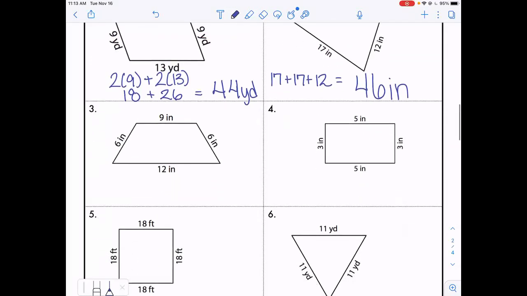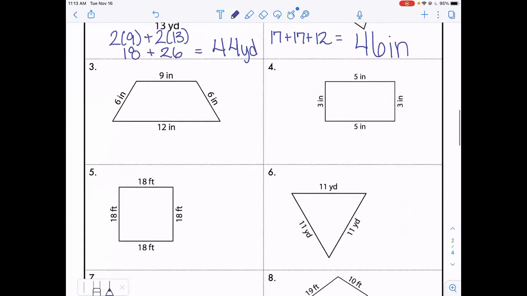Okay, try number 3 and 4 on your own. If you have it, just sit quietly. Try number 3 and 4. Number 3.